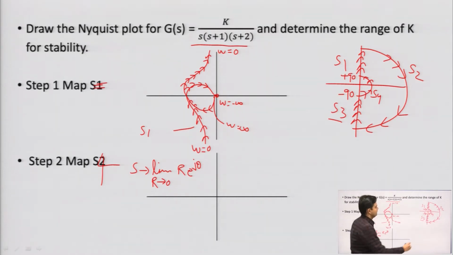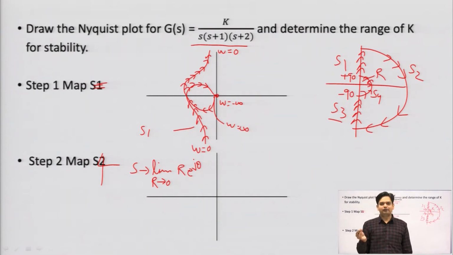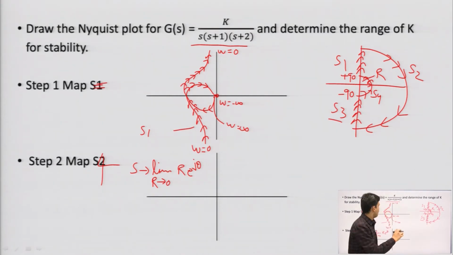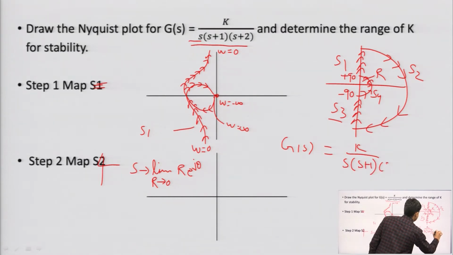Here this radius is r, which is going to 0. I already explained why: we need to take a very small area, because we are not including the pole at the origin, that is 1 over s. So, G(s) is given by k over s multiplied by (s plus 1) multiplied by (s plus 2).